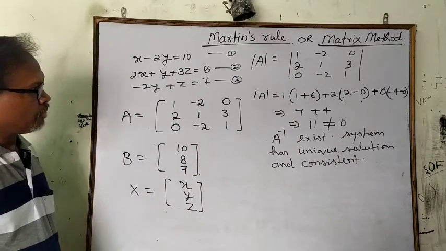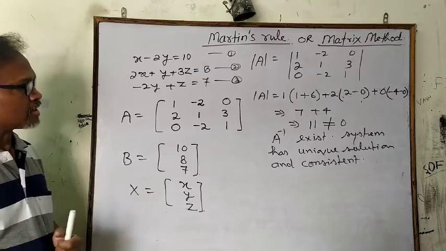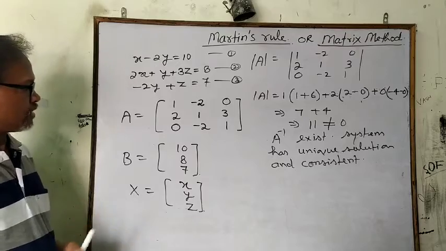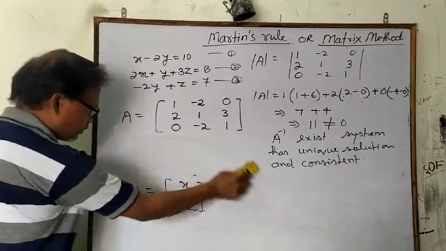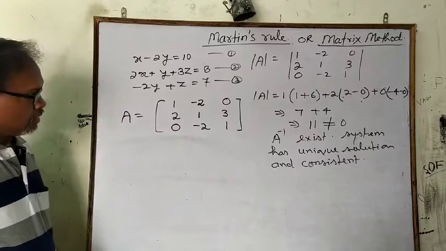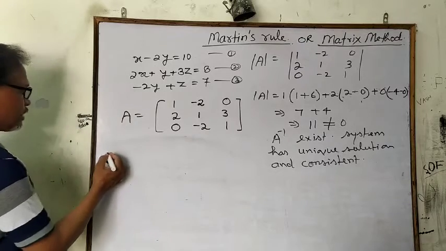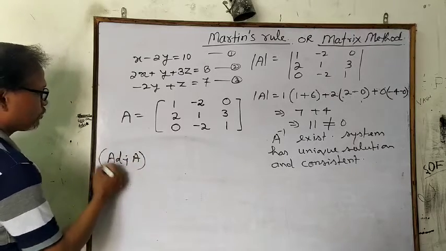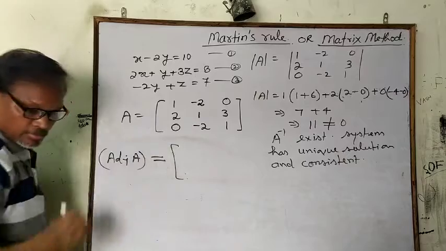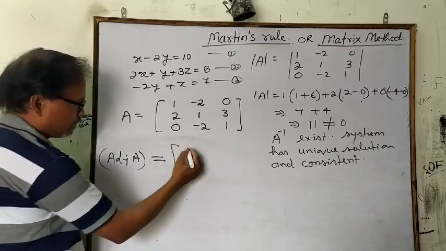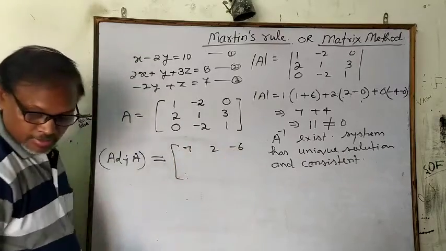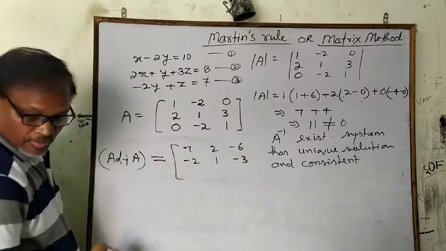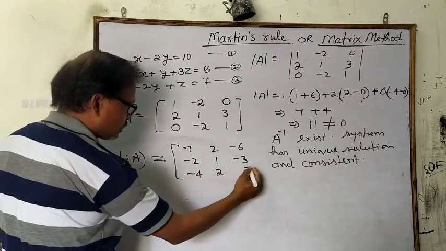Now you will proceed by finding the cofactors of the matrix A, and then the adjoint of A. How to find the cofactors and the adjoint of A, you have read in the previous exercises. First of all, the adjoint of A is 7, 2, -6, -2, 1, -3, -4, 2, 5.